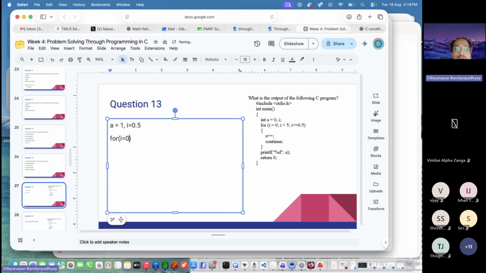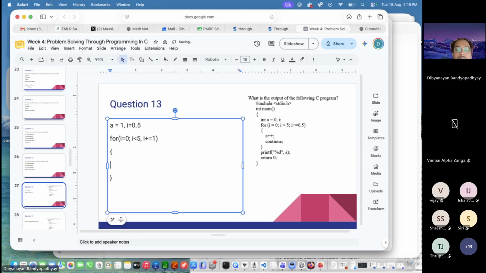Okay, so you now will understand why continue is needed more properly. So i equal to 0, then let's say it will run up to i less than or equal to 5, and i plus equal to 1. Inside the for loop, this is the condition present.